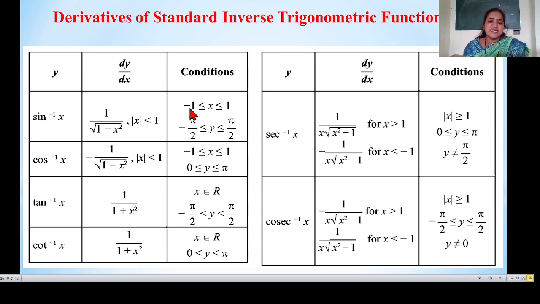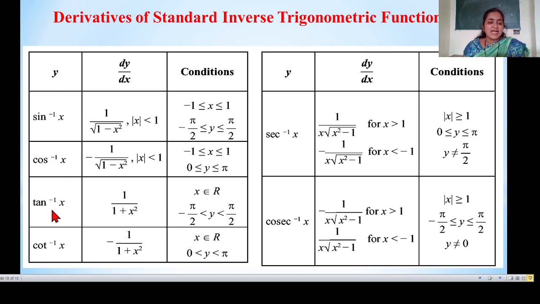The condition is minus 1 is less than or equal to x is less than or equal to 1, and minus pi by 2 is less than or equal to y is less than or equal to pi by 2. Next function is cos inverse of x. The derivative is minus 1 upon square root of 1 minus x square, with mod of x less than 1. The condition is minus 1 is less than or equal to x is less than or equal to 1, and 0 is less than or equal to y is less than or equal to pi.